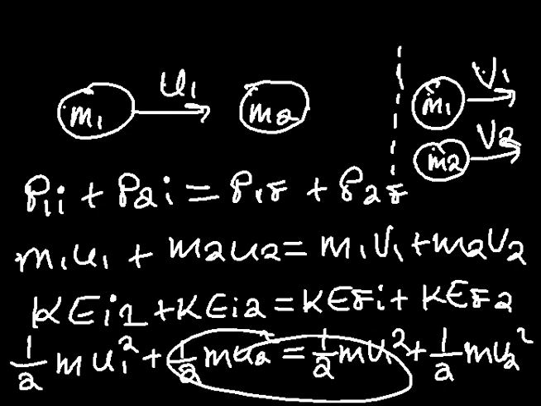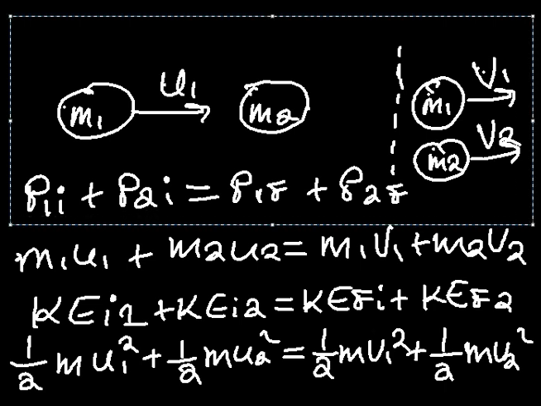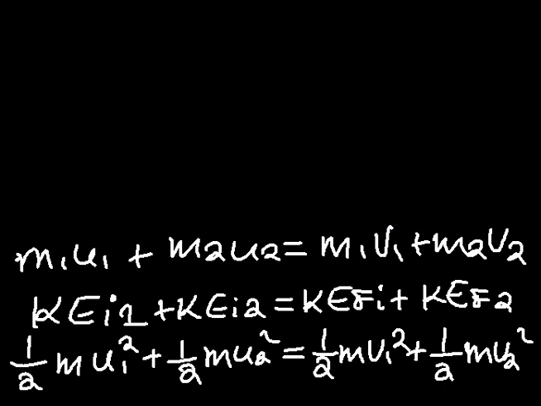So this is the formula for the energy conservation for the case where both objects are moving before they collide elastically.